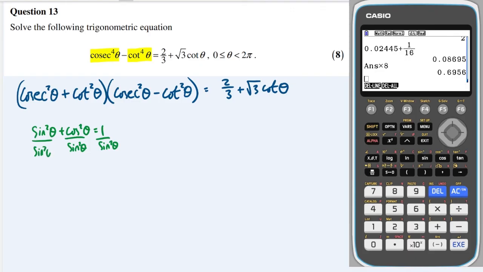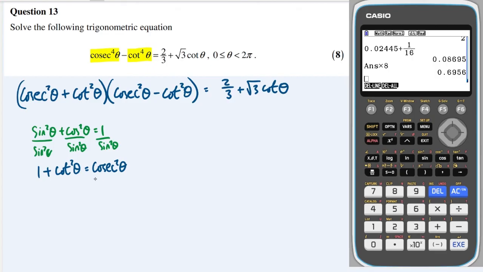So this tells us that 1 plus cot squared theta, because that's cos squared over sine squared, is equal to cosec squared. So it's an easy way of remembering if you've forgotten.